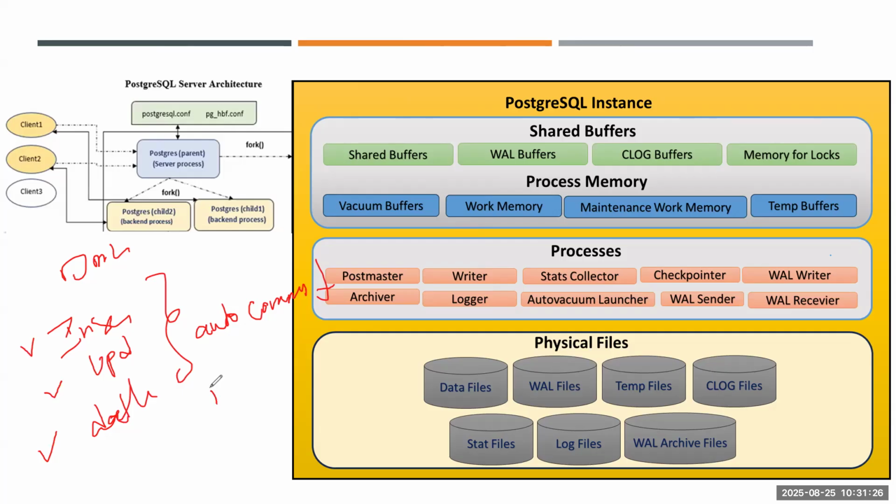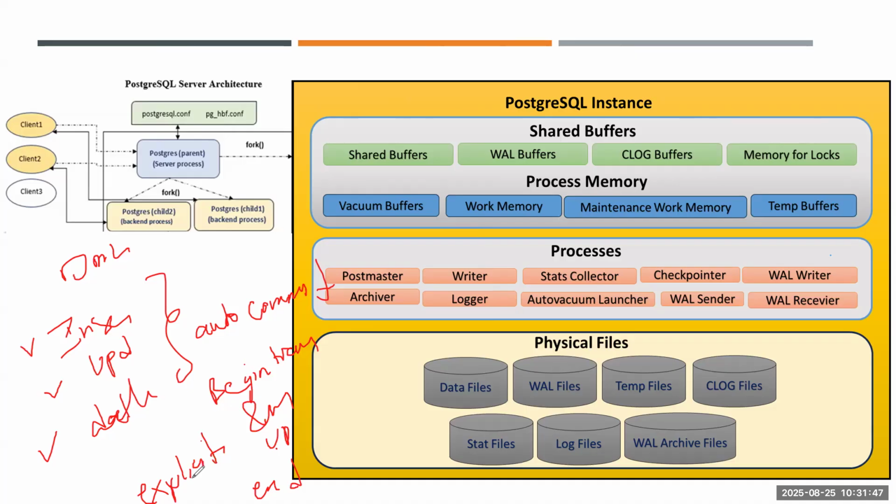when you are writing inside begin tran and end, in between begin and end you are writing insert or update or delete, technically we call it an explicit transaction. Explicit transaction means we should commit the data.